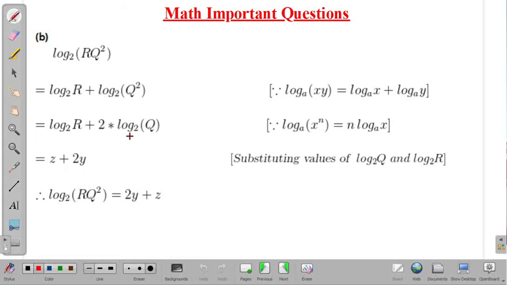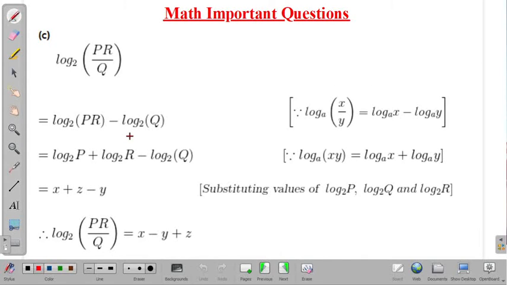Okay, coming to the next part, here we need to find the value of log of pr by q. So we know that log of x by y is equal to log of x minus log of y. So considering pr equal to x and q as y, we can write this as log of pr minus log of q.